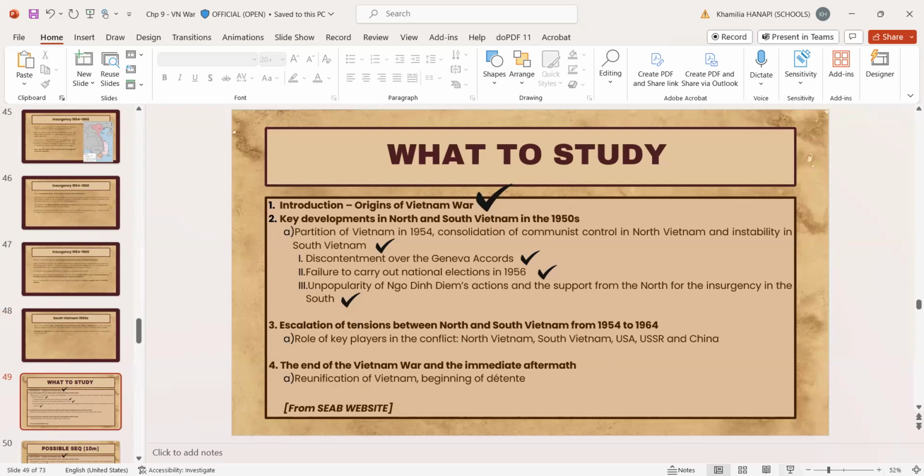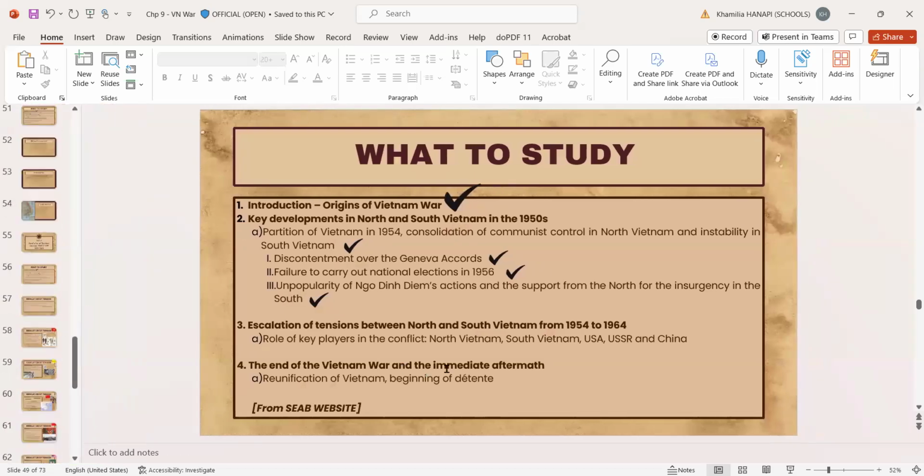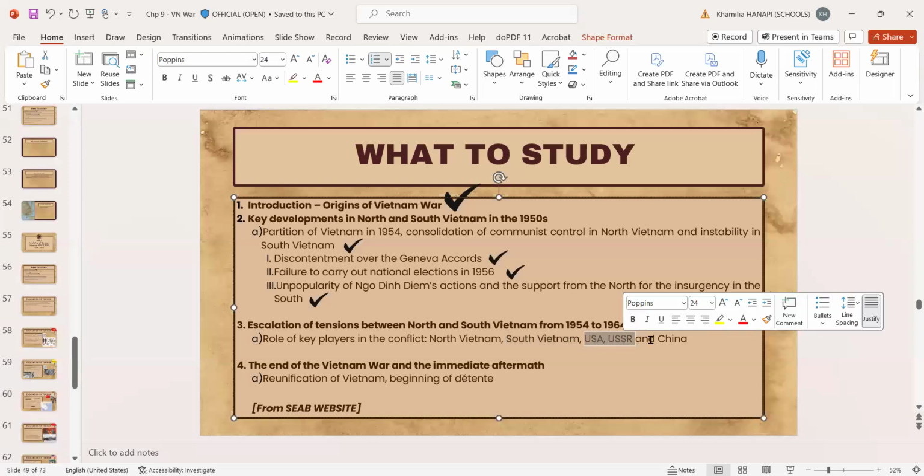In the Vietnam War specifically, there are a few key players. You have the North Vietnamese, the South Vietnamese, the USA, the Soviet Union (USSR is the Soviet Union), as well as China. After this, we are going to learn about the end of the Vietnam War.